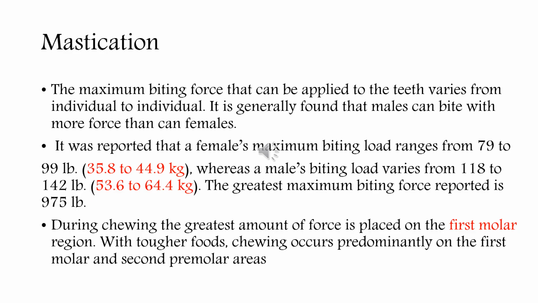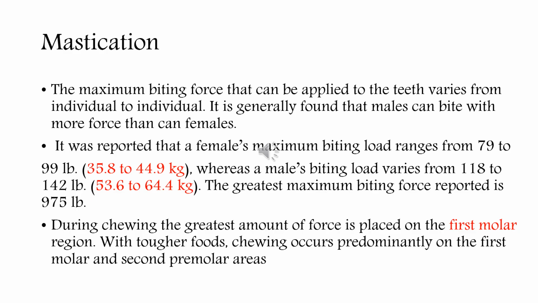Now, if we think where the greatest amount of force happens in our oral cavity, which teeth are getting most of this force, it's usually the first molar region. Okay, and if you try to choose something, you're going to put it in the back and start chewing it. And if you think where you are chewing, it's usually the first molar area.